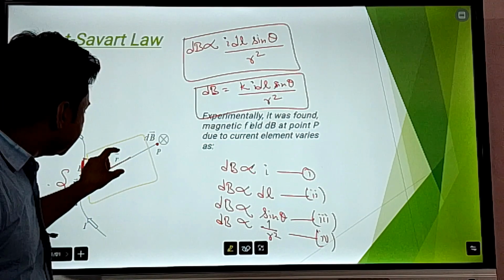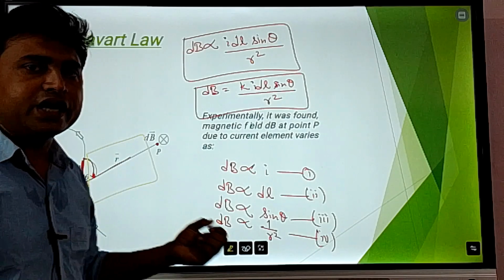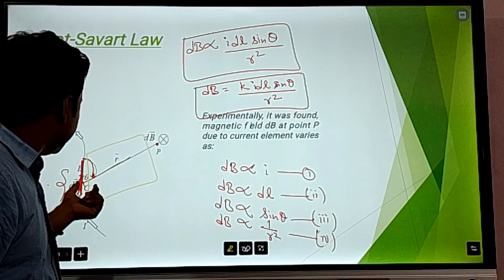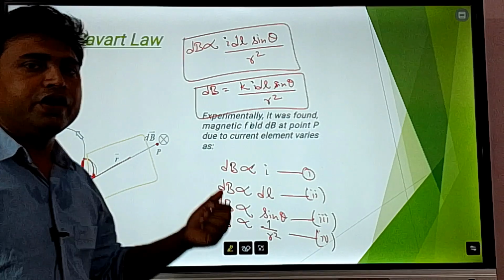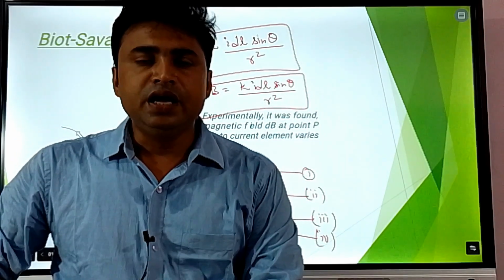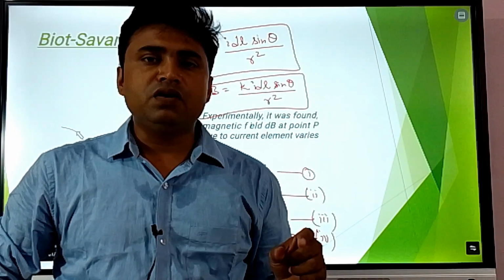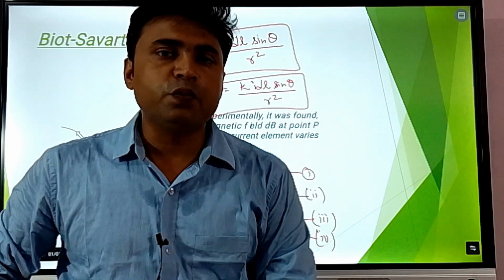If we take the medium as free space or vacuum between the dl and P, and we select the SI system of units, then the value of K is mu naught by 4 pi.